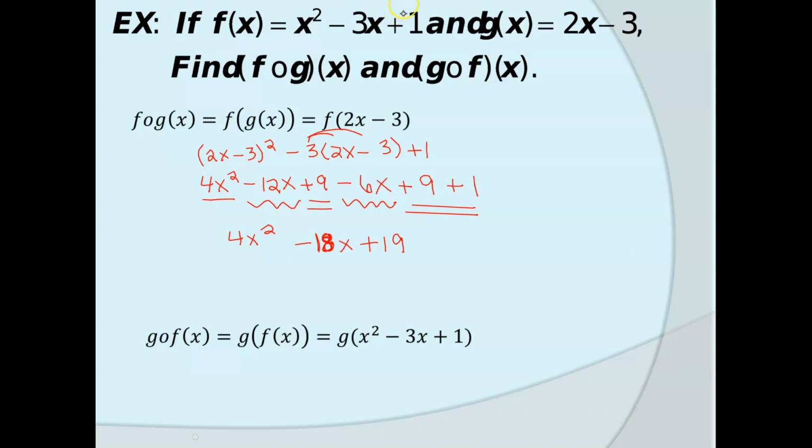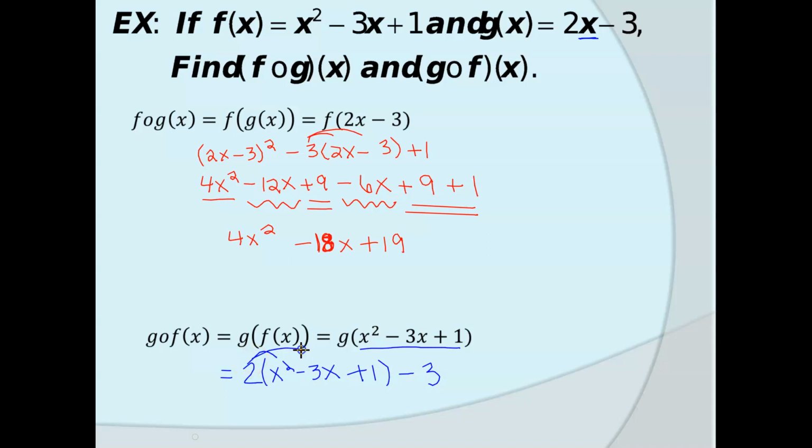So now we can do something similar, but we can look at g of f of x. So now that means everywhere g has an x, we're going to replace it with x squared minus 3x plus 1. So that becomes 2 times x squared minus 3x plus 1, minus 3.